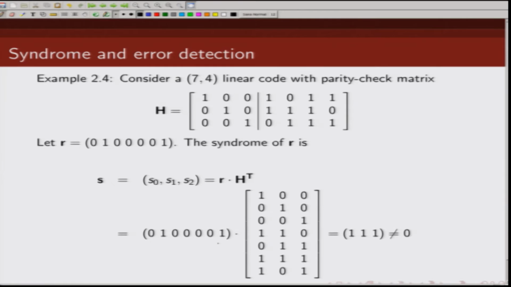So, R is this and H is given. H transpose is basically 1 0 0, 0 1 0, 0 0 1. When I multiply this by this, this by this, and this by this, what I get is 1 1 1, which is not 0. That means there is an error in my received sequence.